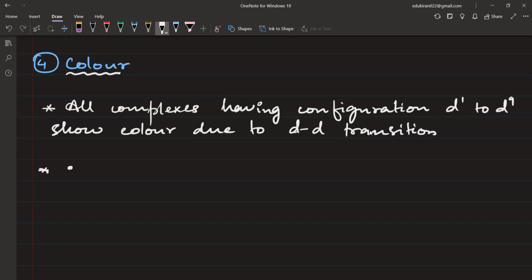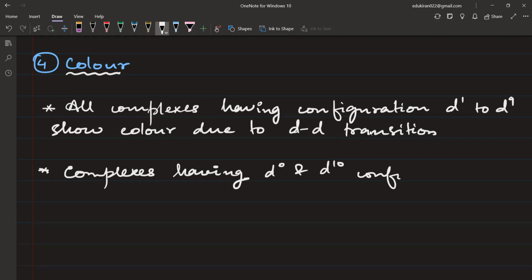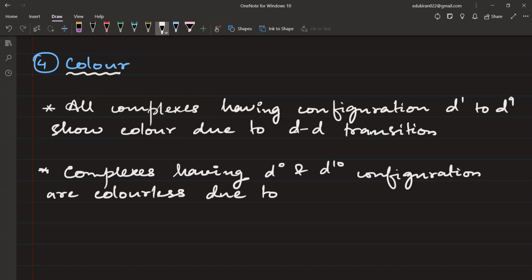Please write: complexes having D0 and D10 configuration are colorless because, or rather due to, absence of DD transition.